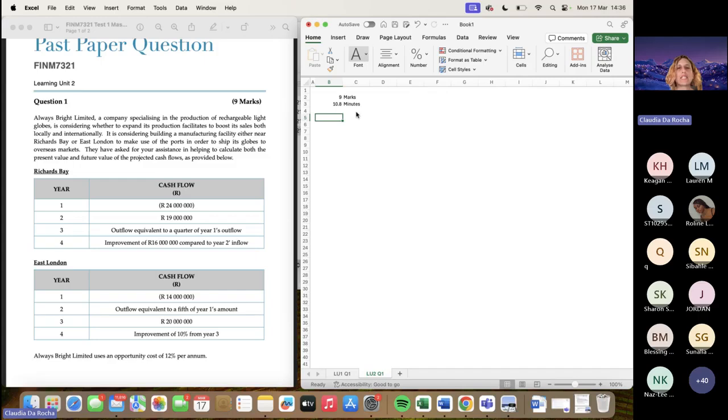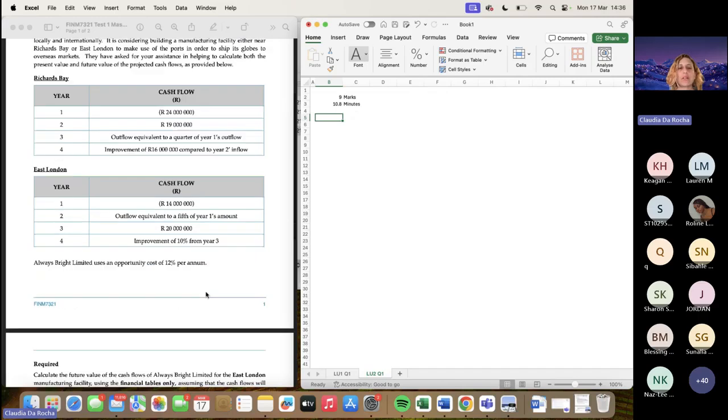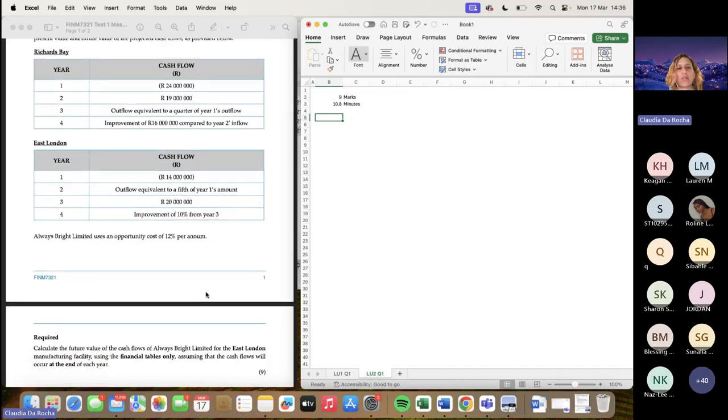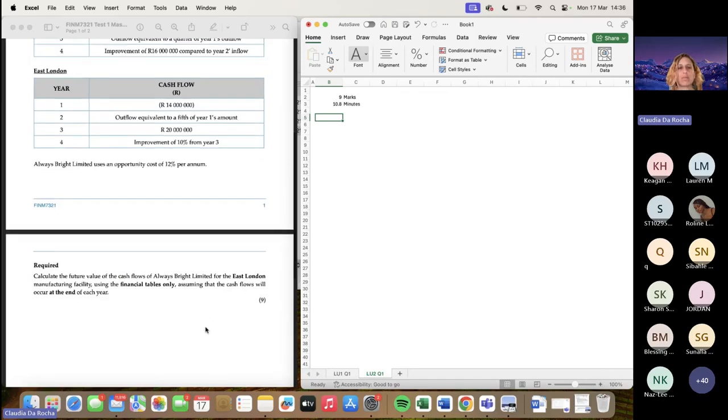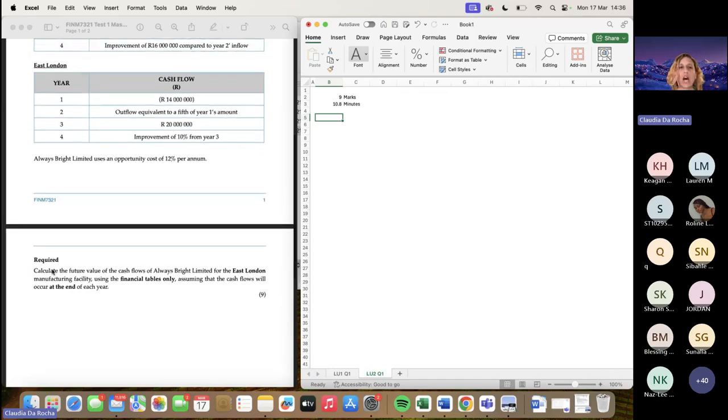Okay, next thing we do is we look at the required. This question actually had 2 or 3 parts to it. I just chose the one part so we can get a feel of how it can be asked. There is another part to this. So it says required. Calculate the future value of the cash flows of Always Bright Limited for the East London manufacturing facility using the financial tables only, assuming that the cash flows occur at the end of the period. First of all, we know it's cash flows.